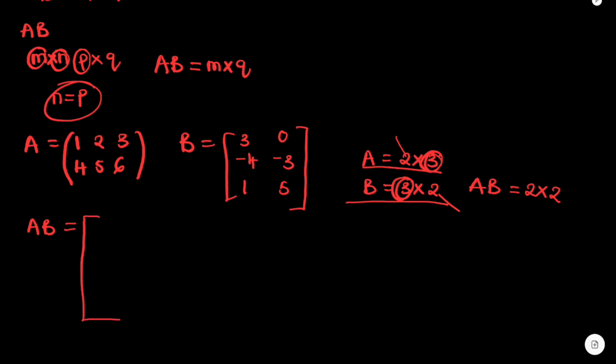Okay, so now to multiply. The product AB is obtained by multiplying the first row in the first matrix by the first column in the second matrix. So here we are multiplying row by column, row by column.